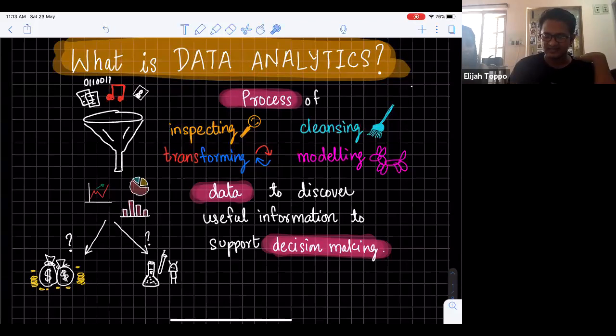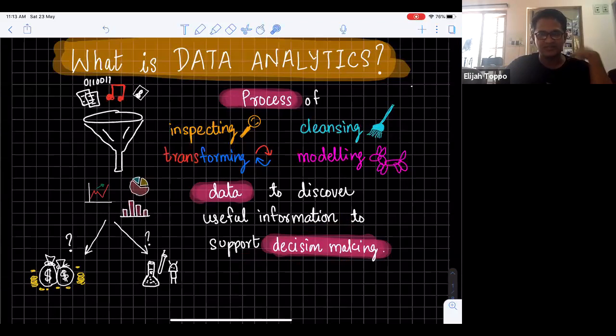Data analytics is the process of inspecting, cleaning, transforming, and modeling data to discover useful information to support decision making. Huge amounts of data are being collected, irrespective of which industry you're talking about.